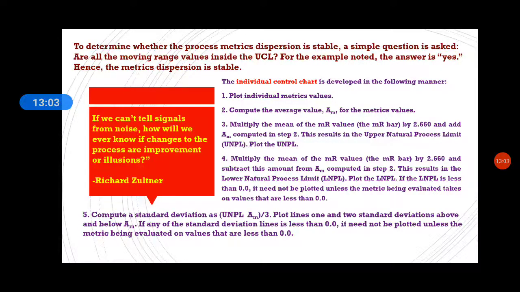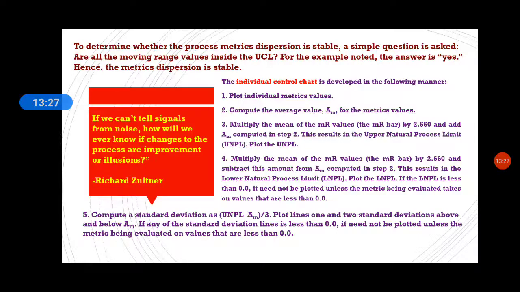Plot it. If the LNPL is less than 0.0, it need not be plotted unless the metric being evaluated takes on values that are less than 0.0. If specified in any metric, then we will consider that value.